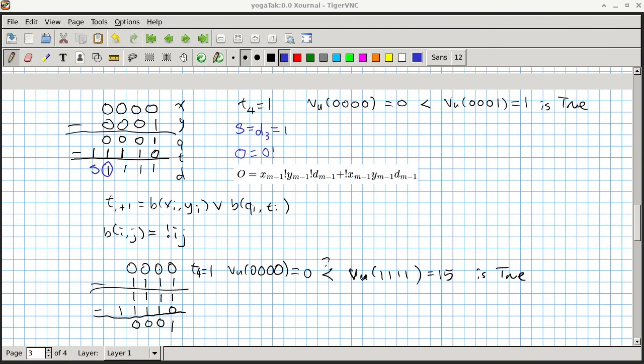Yep. All right, so we put another 0 into here. And the negation of the most significant bit of D, what is that? Oh, that's a 1, okay? Or the negation of the most significant bit of X, and the most significant bit of Y, and the most significant bit of D, okay?